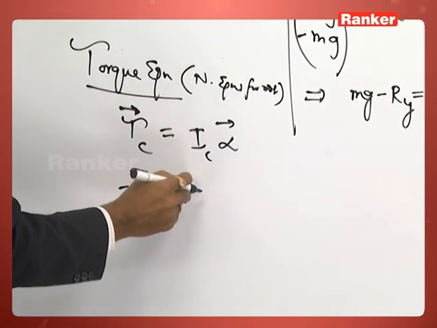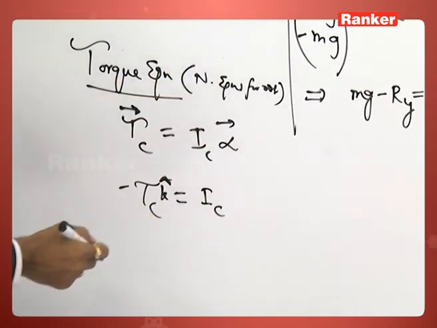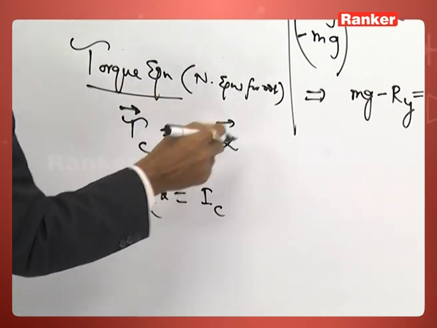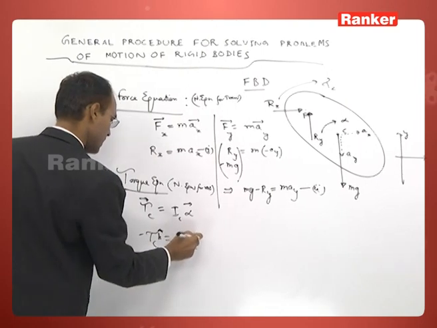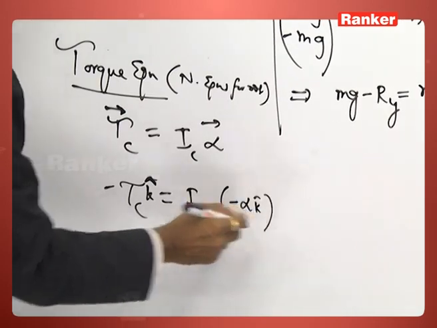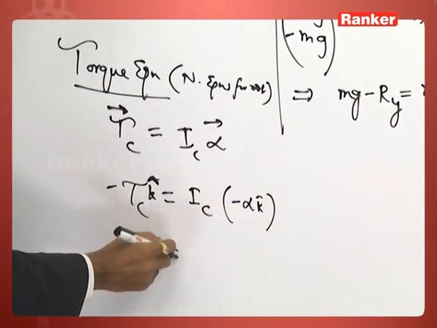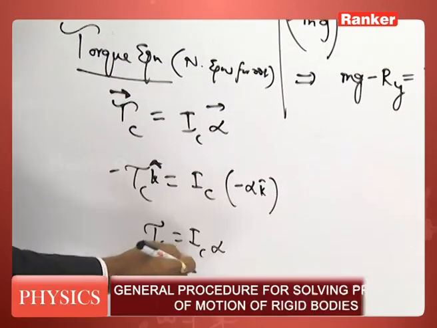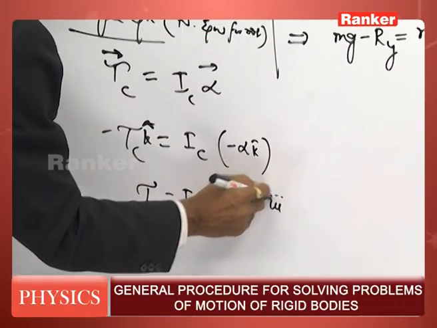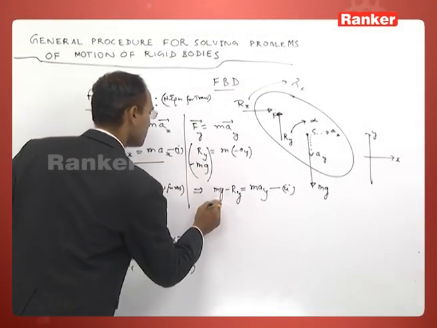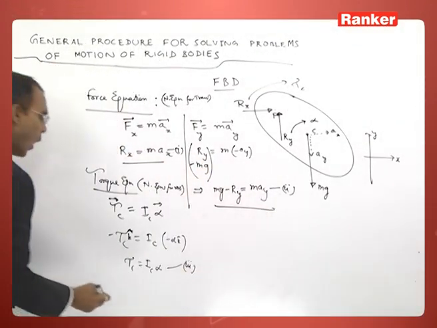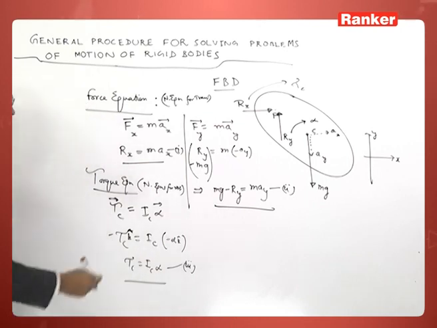Ic is the moment of inertia about the centroidal axis. Alpha we have assumed in clockwise sense, minus alpha k cap. In this way, tau c is equal to Ic into alpha. So, two scalar equations: a force equation, and another scalar equation, the torque equation.